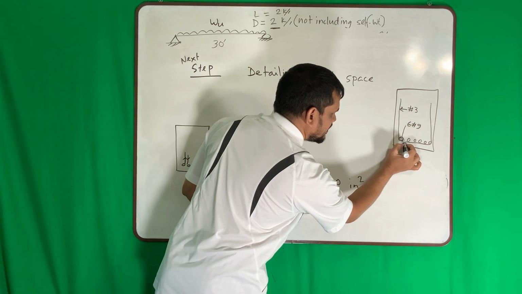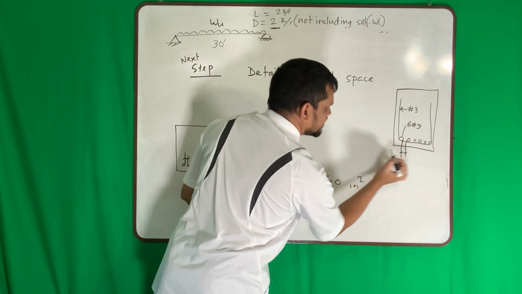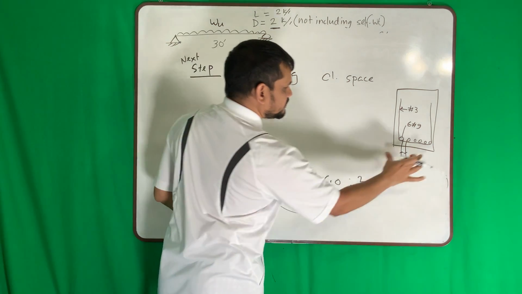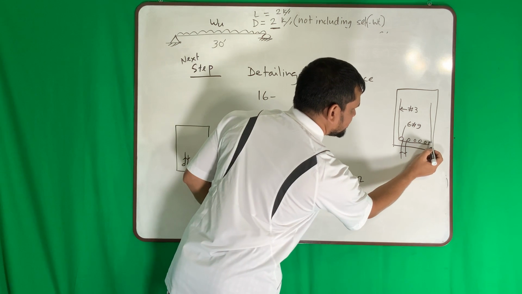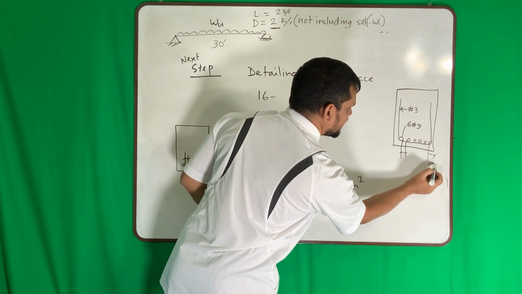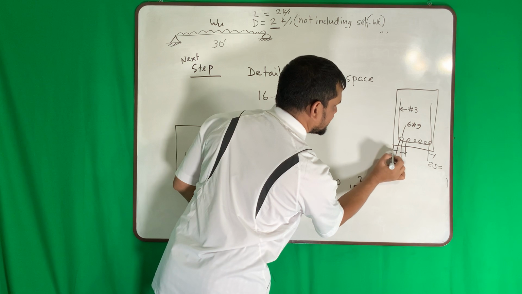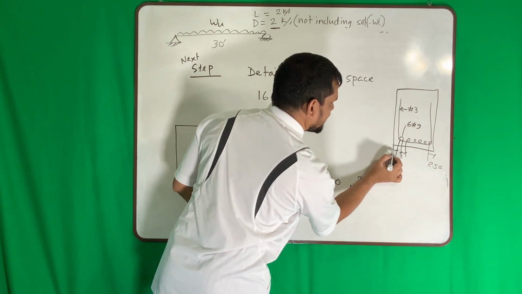Do I have clear space here? What is the clear space? Total is 16. I will deduct center to here 2.5 and center to here 2.5.